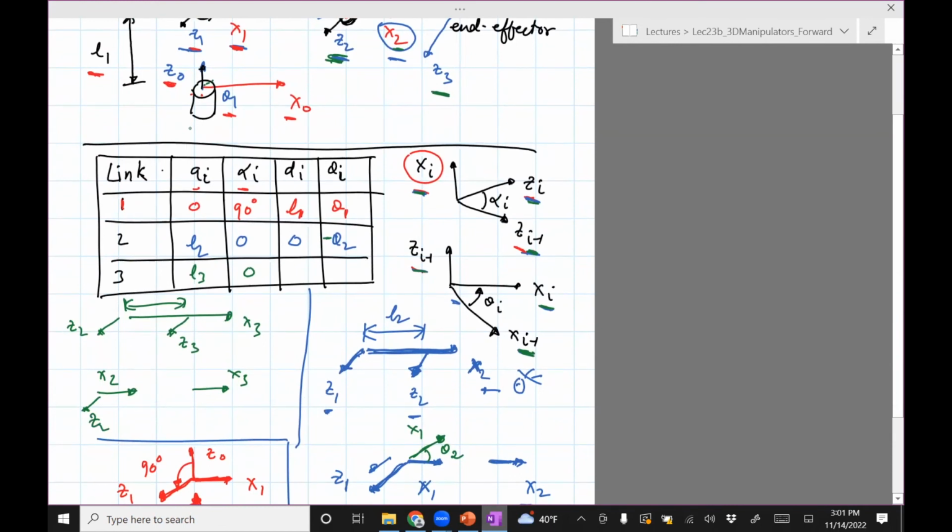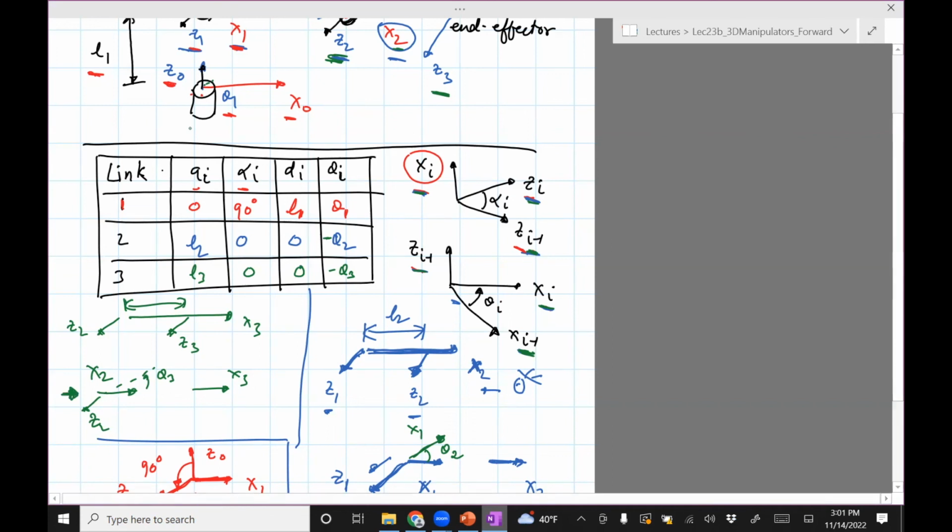Okay, so this is just this configuration, but when X2 rotates, it's going to rotate like this. It'll be theta 3. And so the angle is going to be just like the previous, negative theta 3. And then d_i will be the distance between X2 and X3 about Z2, but they're in the same line. So when you view it from this side, this distance is 0.